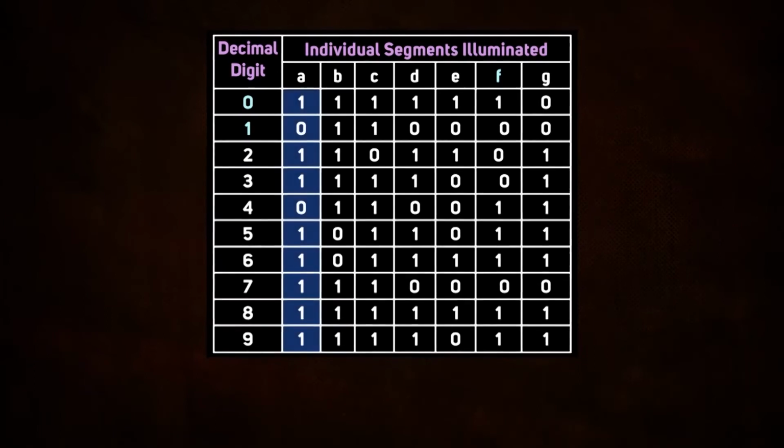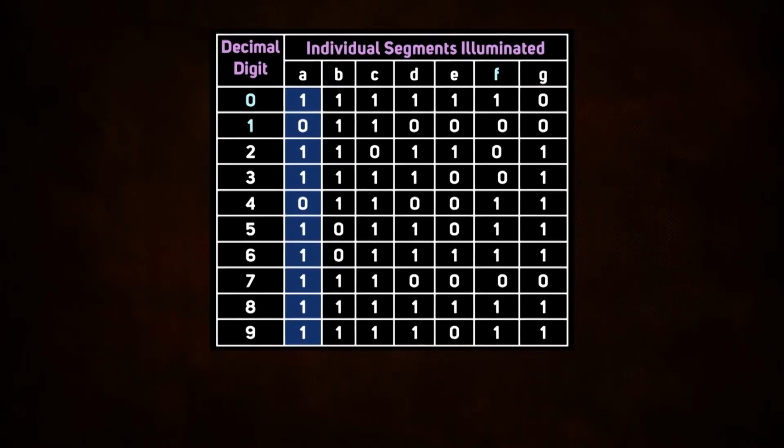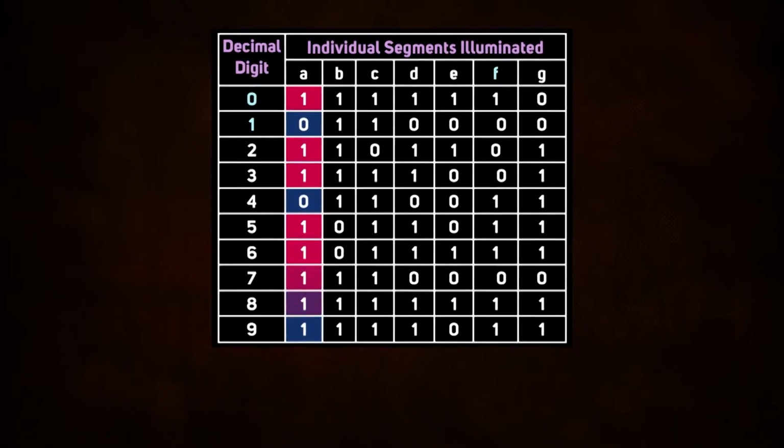Consider the segment A. As I mentioned, it should be active for the numbers 0, 2, 3, 5, 6, 7, 8 and 9.